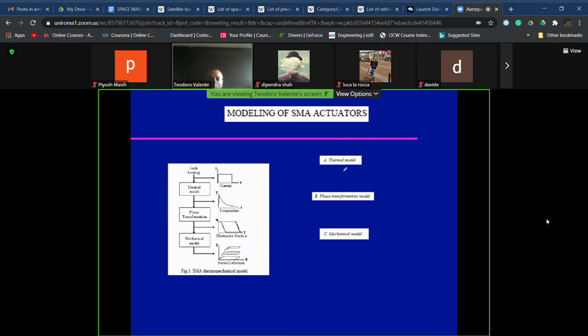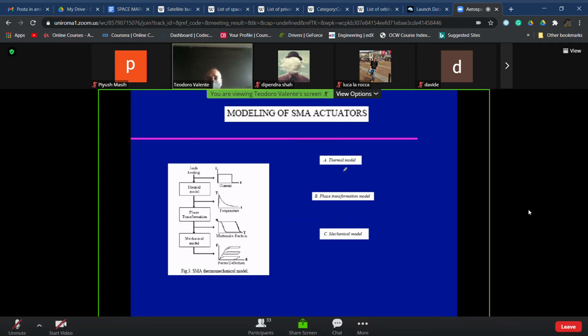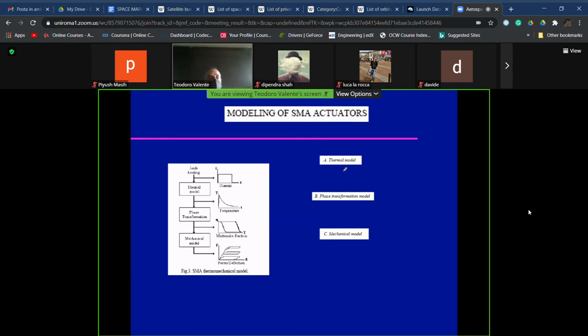And then we need a mechanical model, to link the phase transformation model with the force, with the stress, which can be given by the shape memory material when the shape memory behavior is activated. These are three blocks, okay?